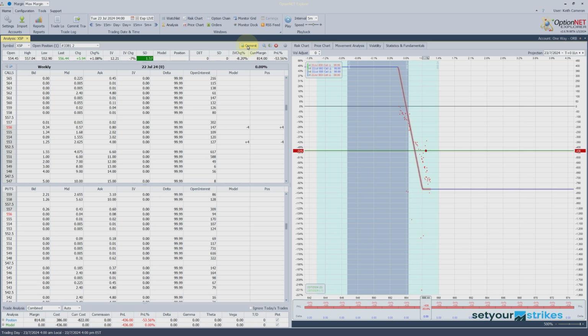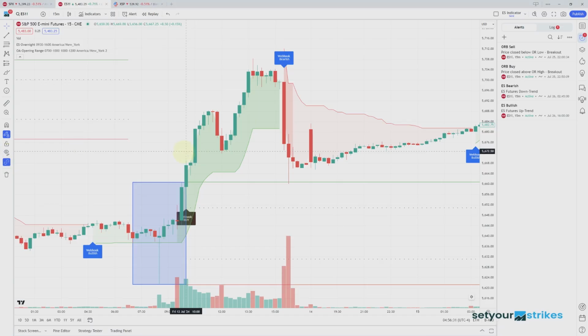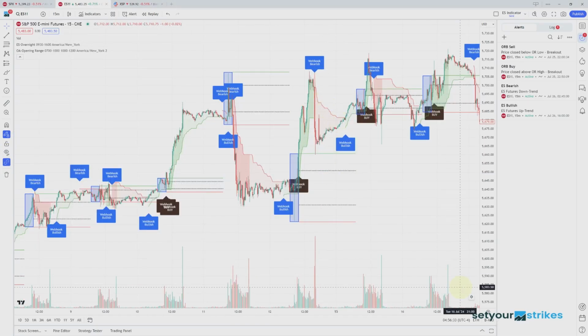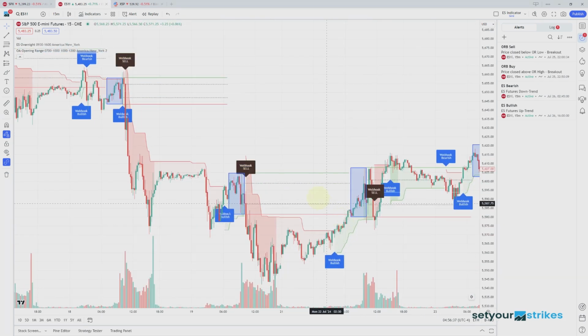Closing trade commit. I mean, you could tell we're a full loss, right? We're beyond that short strike. Very easy to see. Do we need to go to the chart as well? The 22nd here.